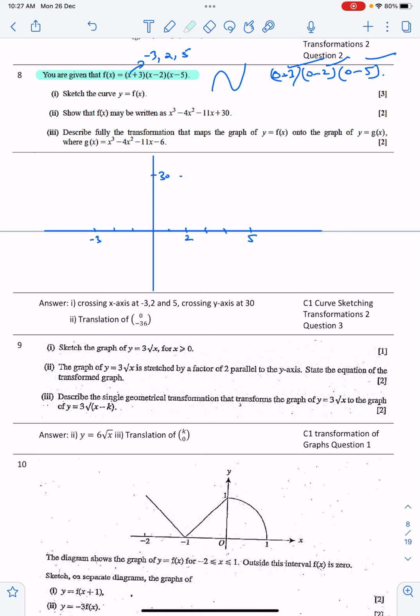So I just have to roughly sketch the graph showing the intercepts. So it's going to be somewhat like this. Okay, this part I haven't drawn it properly.